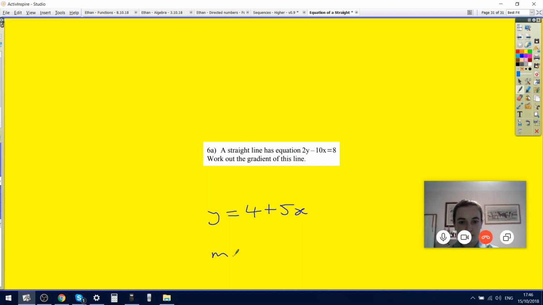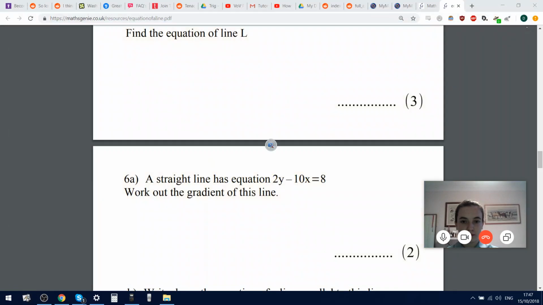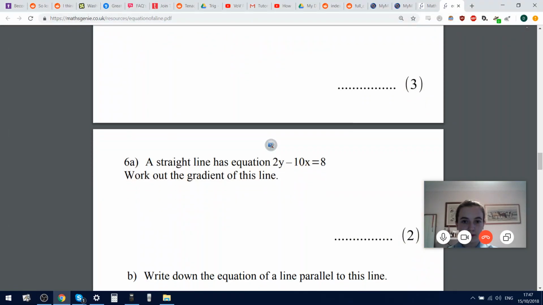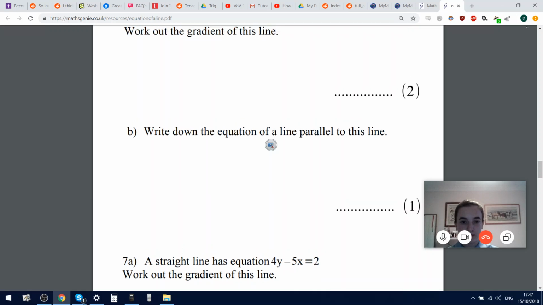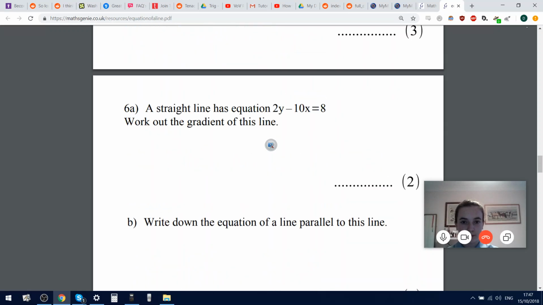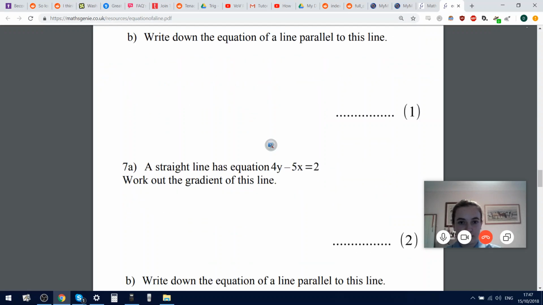Yeah. Write down the equation of a line parallel to this, in any form. It's 5x minus 3. Yep.